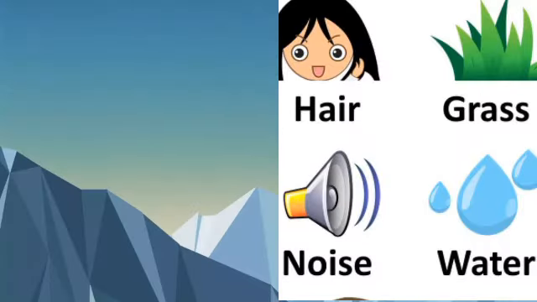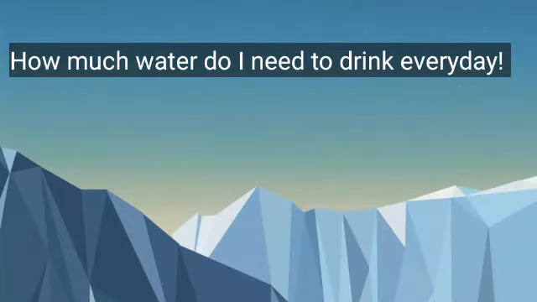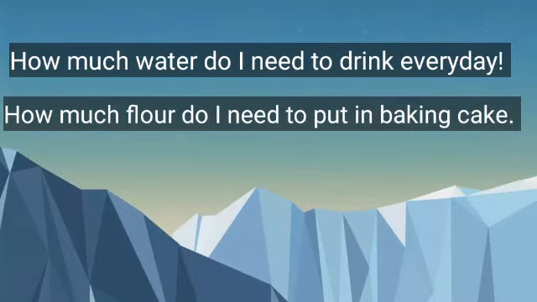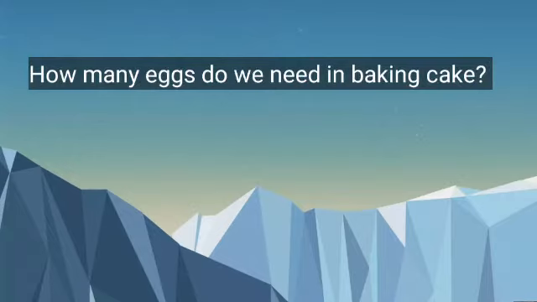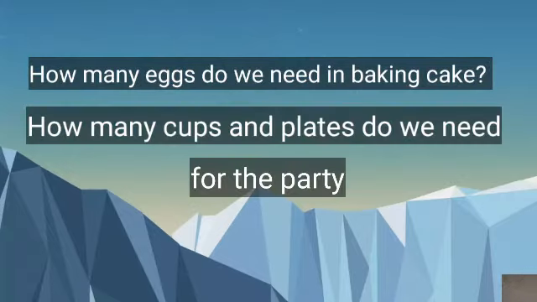For example, how much water do I need to drink every day? How much flour do I need to put in baking cake? While we will use how many if it refers to count nouns. For example, how many eggs do we need in baking cake? How many cups and plates do we need to prepare for the party?